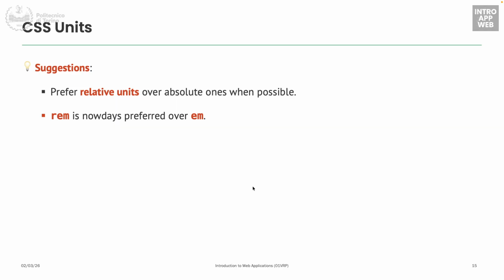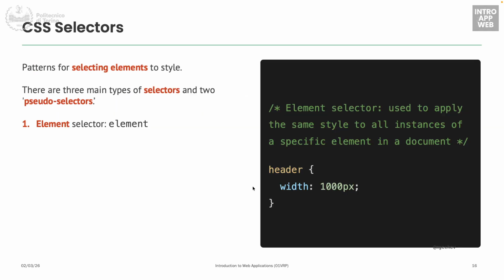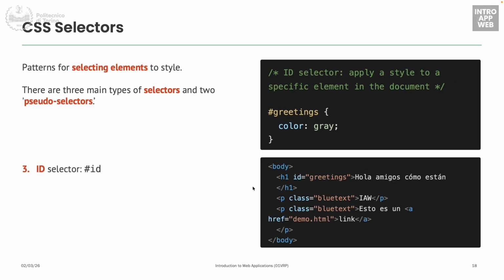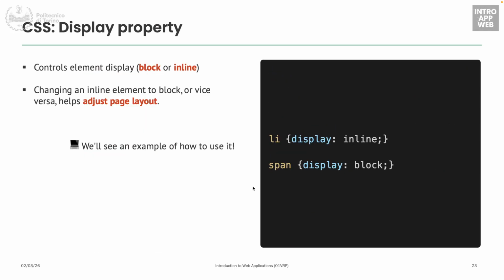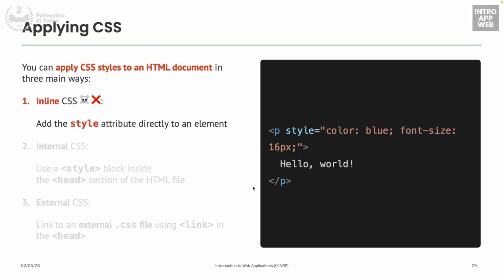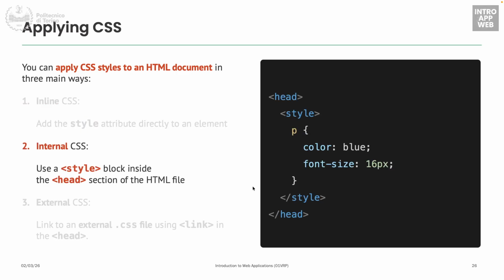Sure. It is because of the visualization purposes, no? The absolute ones are fixed measures, while the relative ones, let's say that they comply with the screen size. Okay. Then we saw the display property.